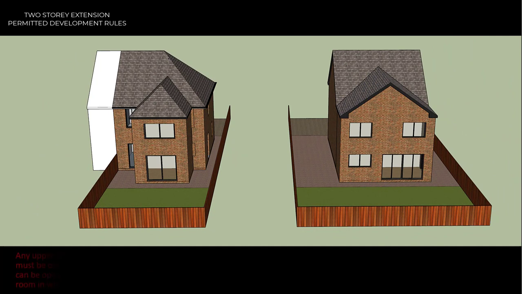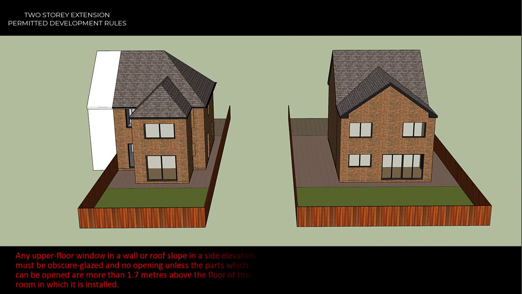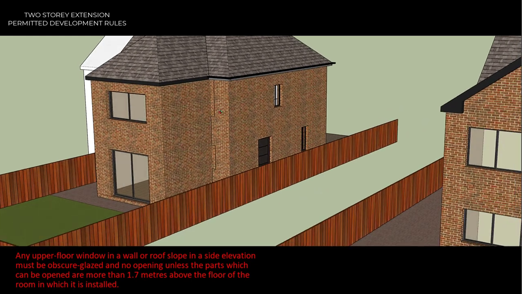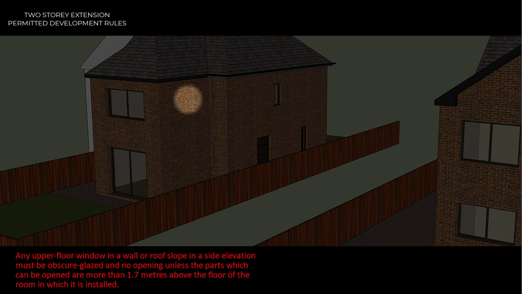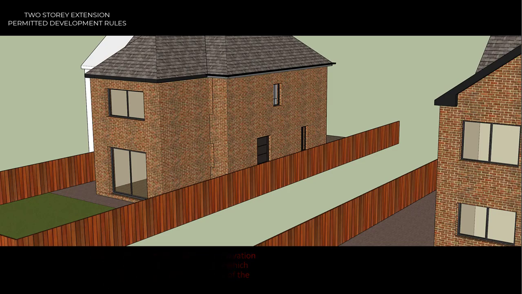Any upper floor windows in a wall or roof slope in the side elevation must be obscure glazed, and no openings unless parts which can be opened are more than 1.7 meters above the floor of the room in which those are installed. I haven't done an example of a window on the side of this one, but if that one was there, it would have to be obscure and top hung, so the top hung opener is at least 1.7 meters off the internal floor.